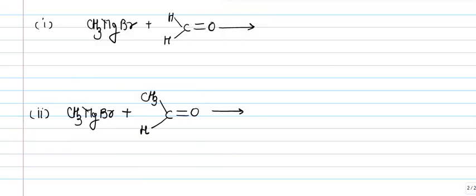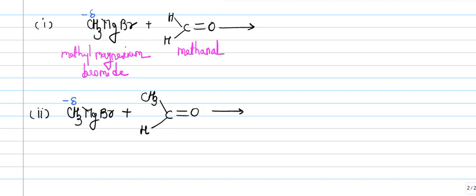So now let us take up the first example. Here we've taken methyl magnesium bromide, and this is methanal. Now here you know that this is partially negative, and so the first step would be a nucleophilic attack here, and the pi bond collapses onto oxygen.